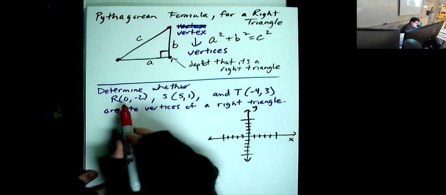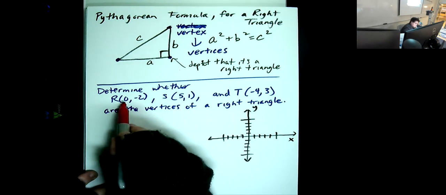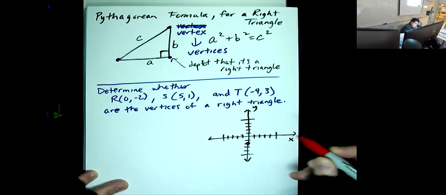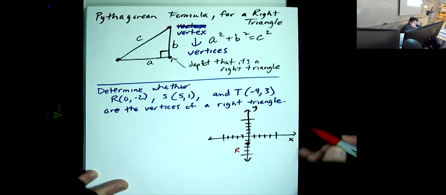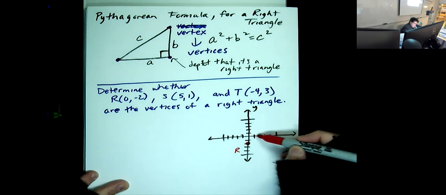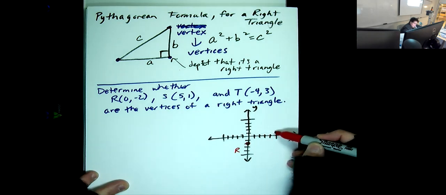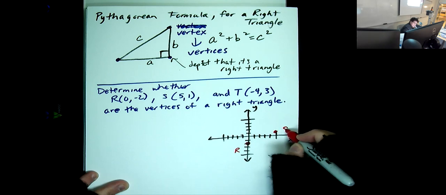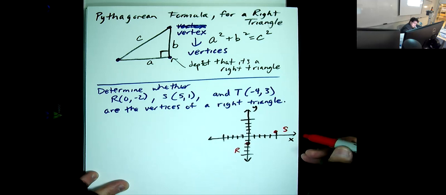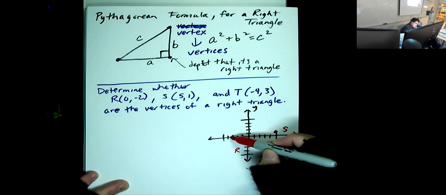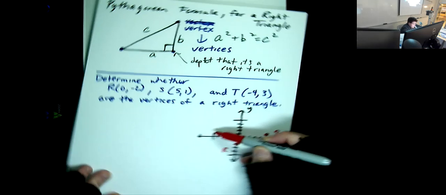This tells me to go left or right 0 and down 2 because it's negative. So that'll be point R. 5 says to go right 5 from the origin and up 1. That's my point S. And my point T is -4, so left 4 and up 3.